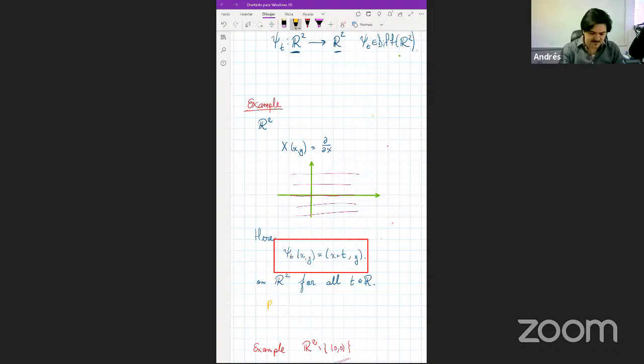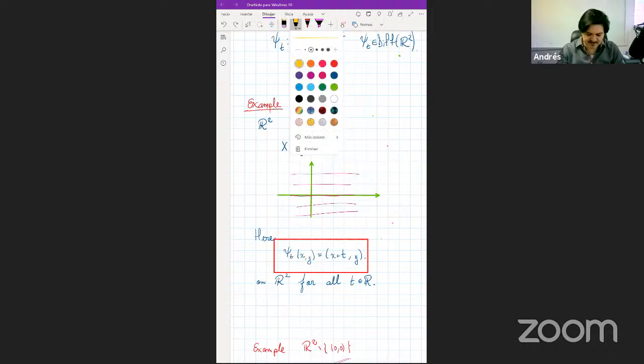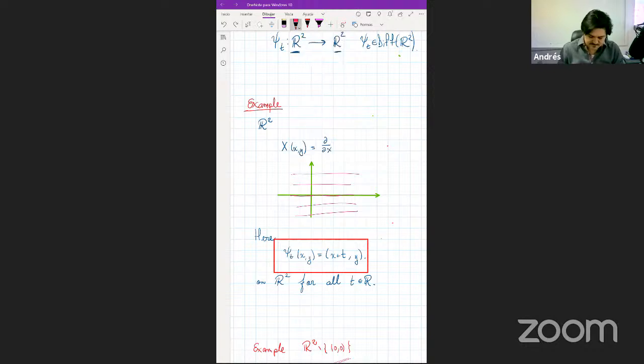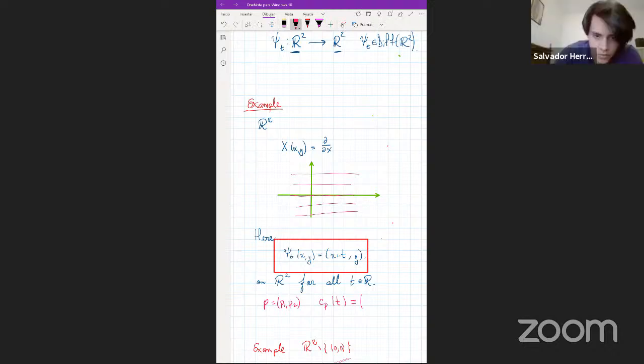Let's take P to be an abstract point. What is the integral curve for this flow? That should be t plus P1, comma, P2. Like this, right? That's the general format of an integral curve.